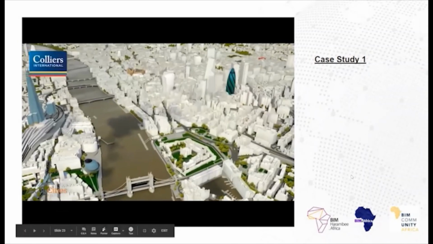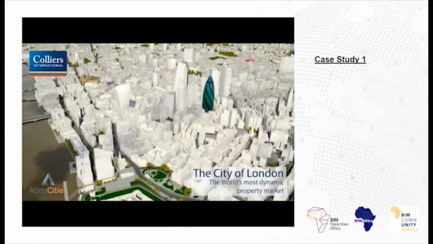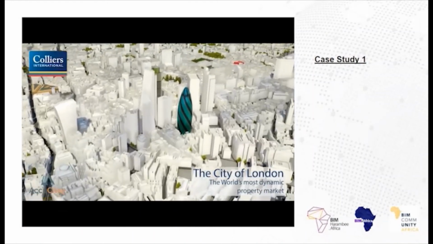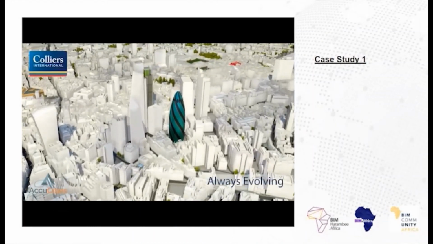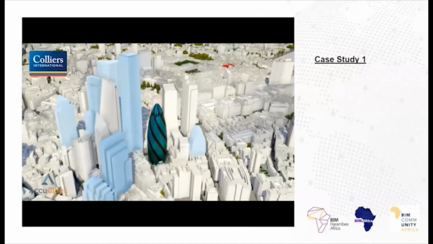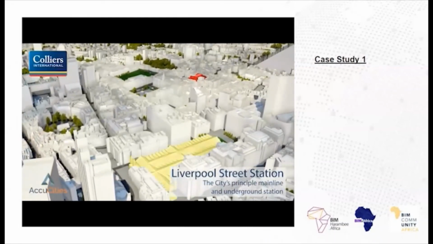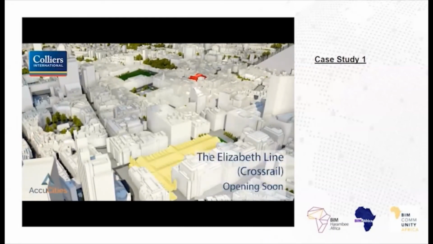Here we can see a case study that's been used by one of our clients. Plan.City was used to present what they wanted to show. Here it shows the future skylines, so the buildings that are already completed or about to be completed in the following years.